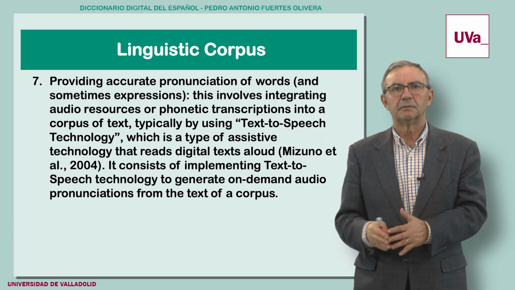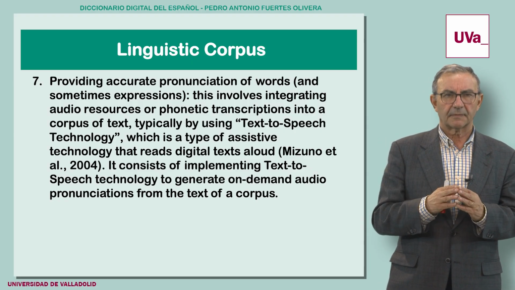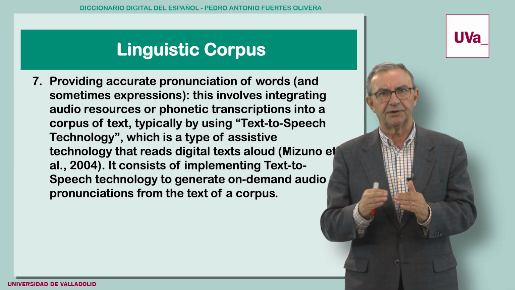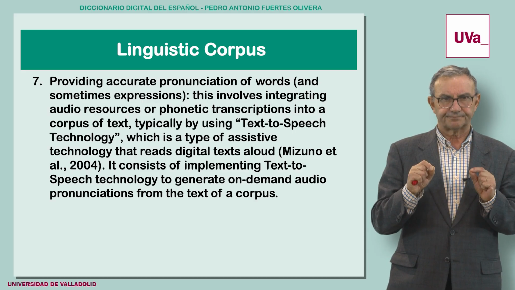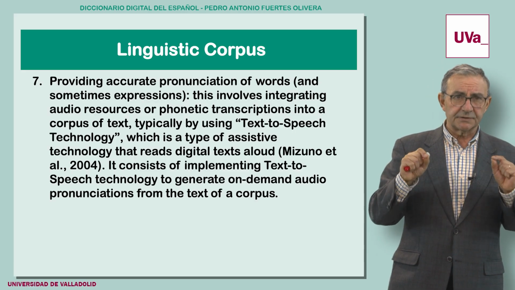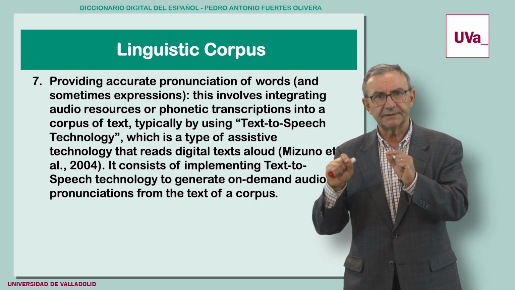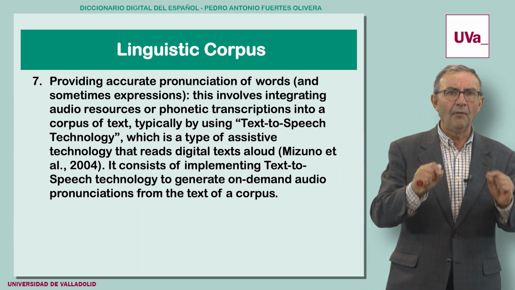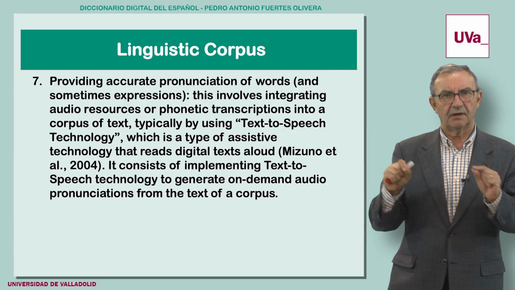For example, by using text-to-speech technology, which is a type of assistive technology that reads digital text aloud. It consists, in other words, of implementing text-to-speech technology to generate on-demand audio pronunciations from the text of a corpus.